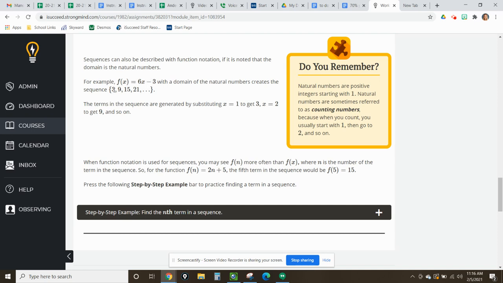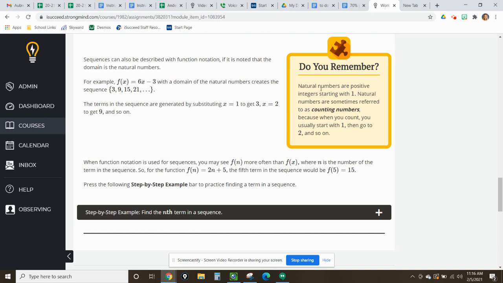So that's how they got that the first term was 3. For the second term, I'd plug in 2: 6 times 2 is 12, minus 3 would be 9. So you can use this function notation to figure out a sequence as well. You can plug in the different numbers.